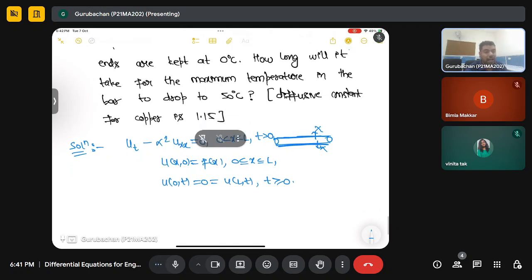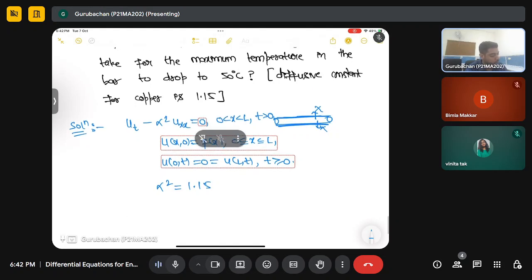Alpha square is the diffusive constant, so alpha square here will be 1.15. Next, what is L? L is 80 centimeter.